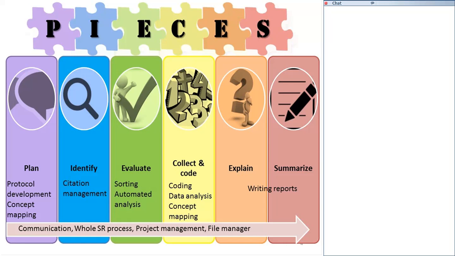Then for the evaluation step, there are tools available to help with sorting, and I'm going to spend some time talking about some of those. There are a few tools out there that are starting to help do a sort of automated analysis or critical appraisal. I have not used any of those, but they do exist. And then in the coding stages, there are lots of different tools out there.